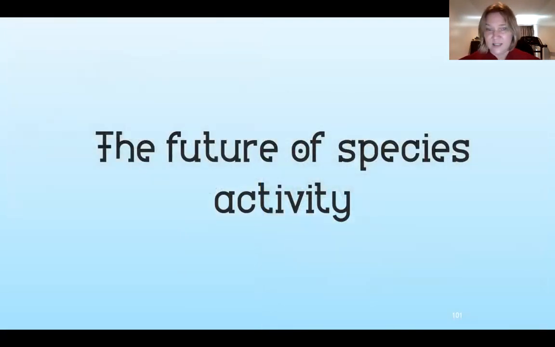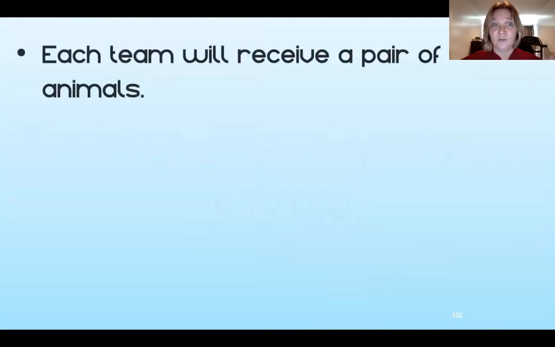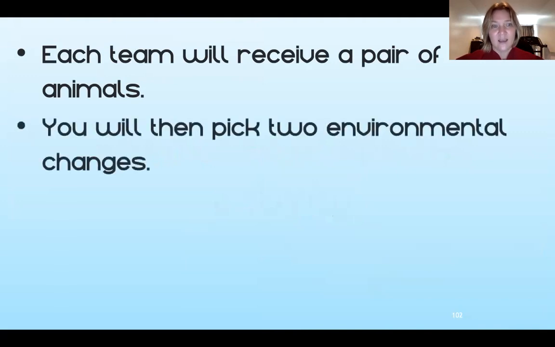Okay, I originally had an activity scheduled. I think I'm still going to do it, but I have to set it up for individual work, because obviously I can't have you doing group work. It's going to be a creative project. It won't be a team, and it won't be a pair of animals. I will give each person one animal and one environmental change.